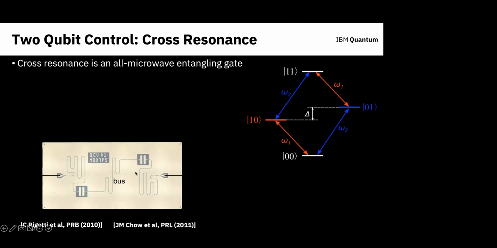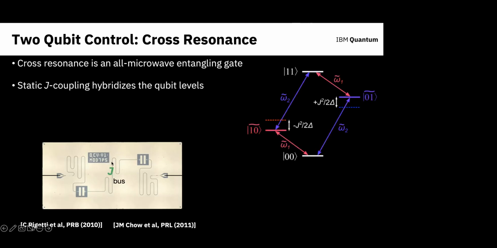And if I was to take this and add this microwave bus that's already there, it presents a coupling we call J, which is just a coupling rate between the qubits, typically around 3 megahertz, whereas delta is typically at least 50 megahertz or so. So there's a very, very small shift in the energies, and these qubits become slightly hybridized. Very, very slightly, because J over delta is very much smaller than 1. But this basically means the control qubit stays mostly like the control qubit, but becomes a little bit like the target qubit.